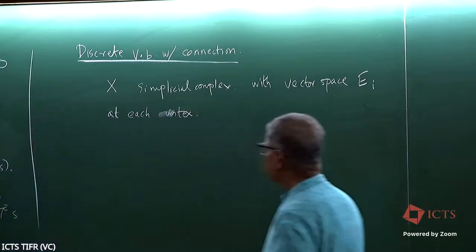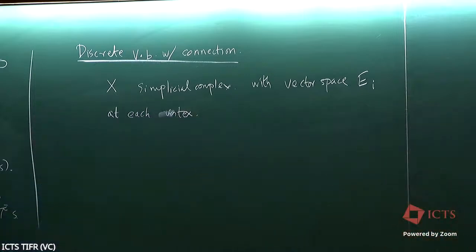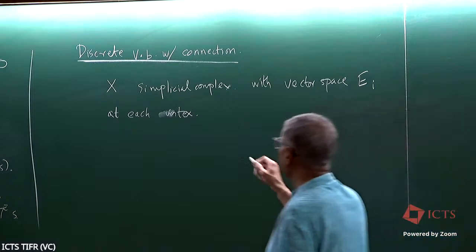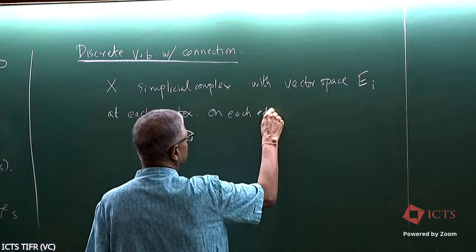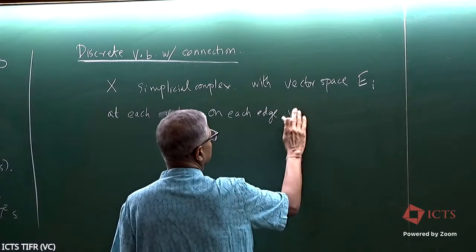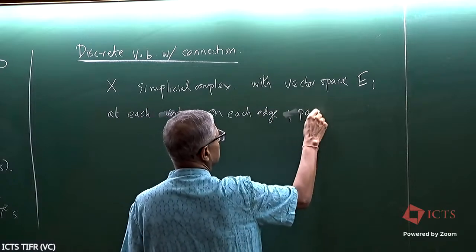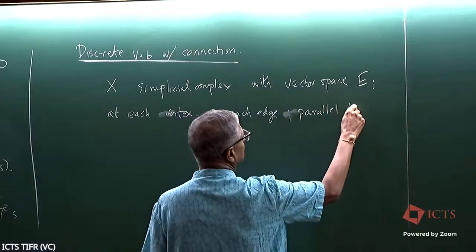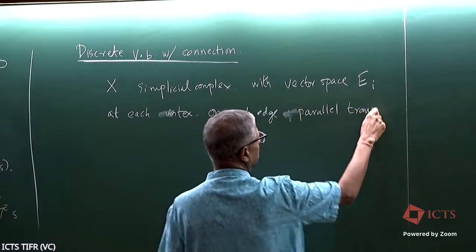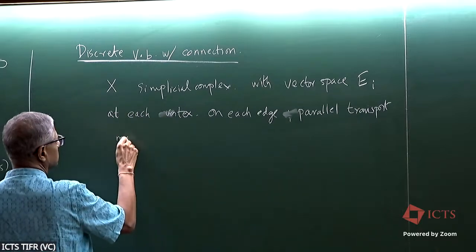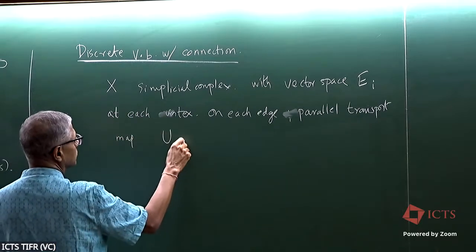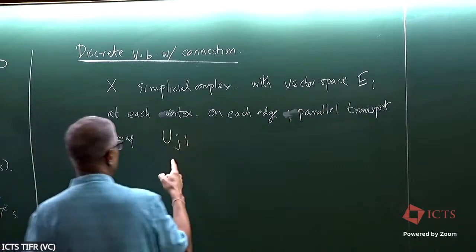What makes it interesting is what physicists have done in lattice gauge theory, which is that on each edge you have a parallel transport map, U_ij, so you read from right to left.